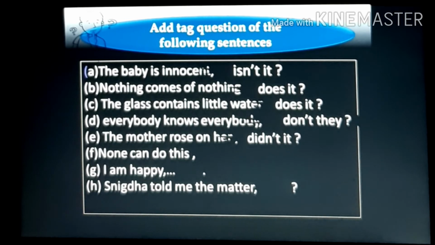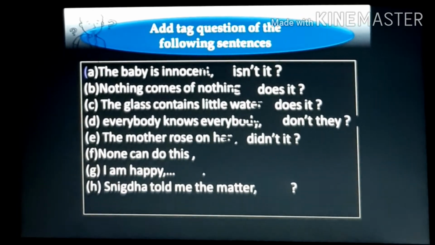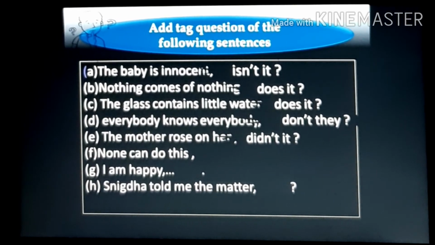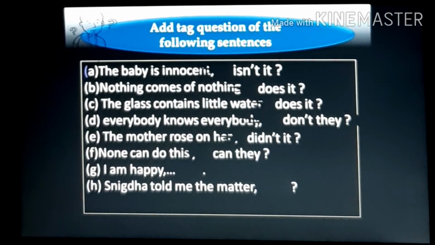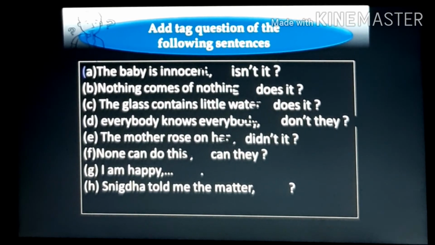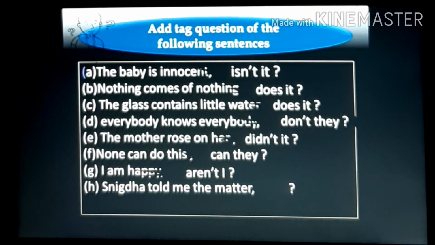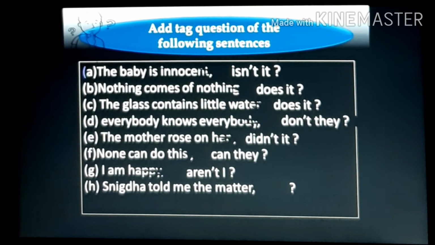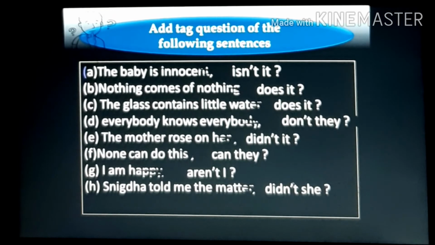Didn't it? Here the mother refers to affection of mother. For its pronoun I have used it for the mother. None can do this. Can they? I'm happy, aren't I? Snigdha told me the matter, didn't she?